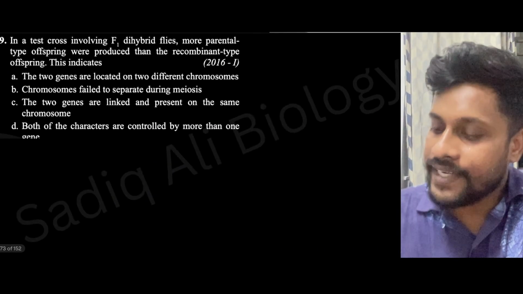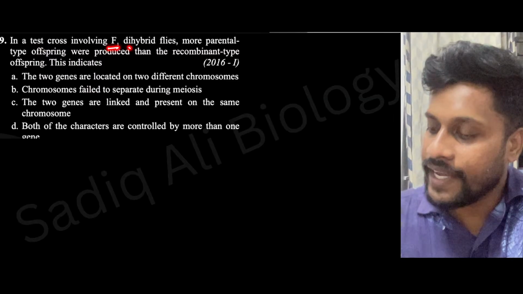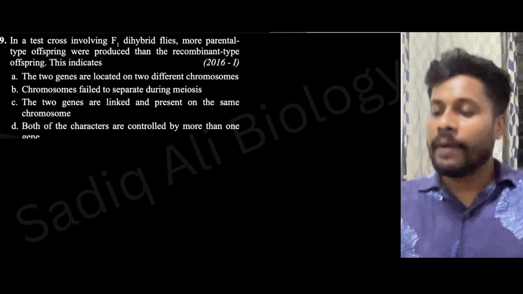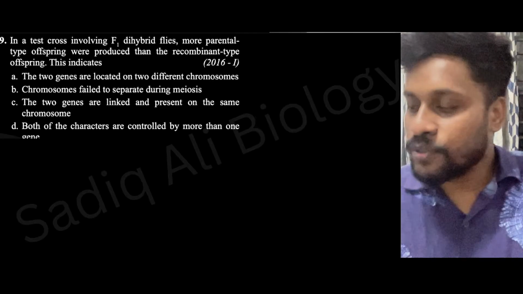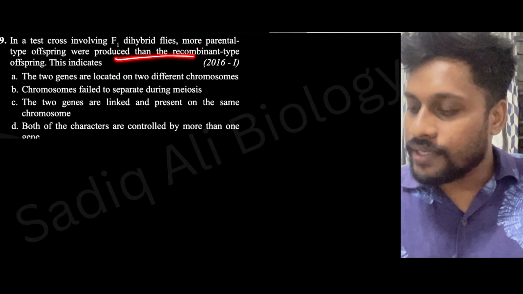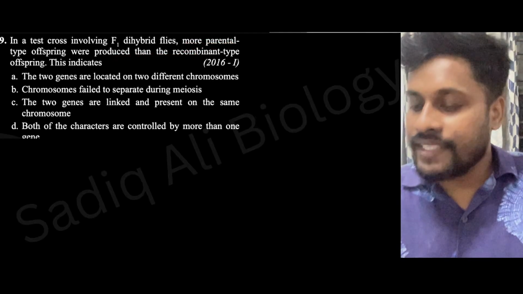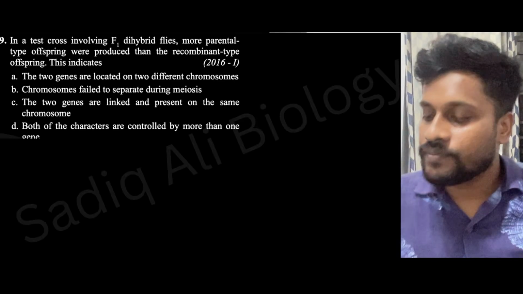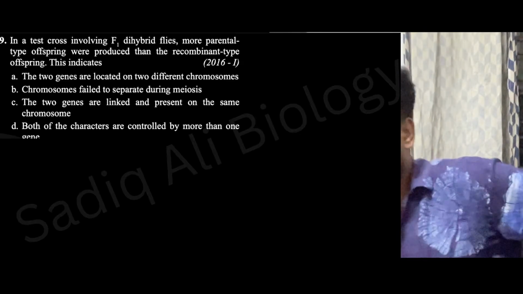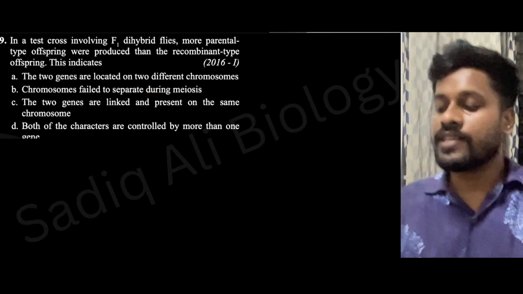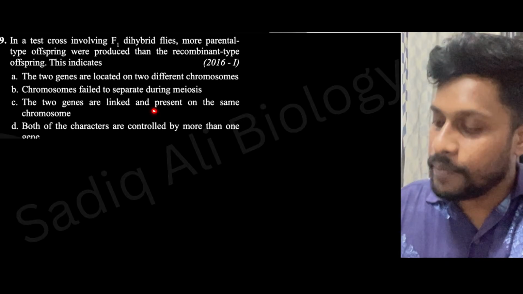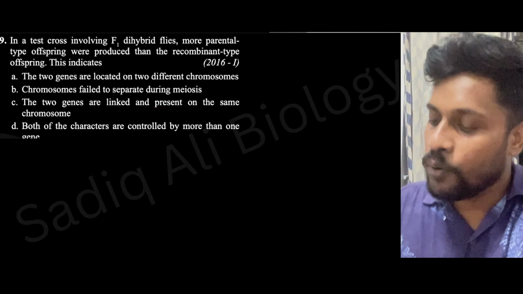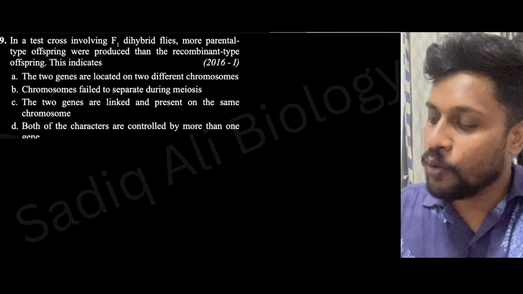Next. In a test cross involving F1 dihybrid flies, more parental type offspring were produced than recombinant. This indicates the two genes are located on two different chromosomes; chromosomes failed to separate during meiosis; the two genes are linked and present on the same chromosome; both of the characters are controlled by more than one gene.